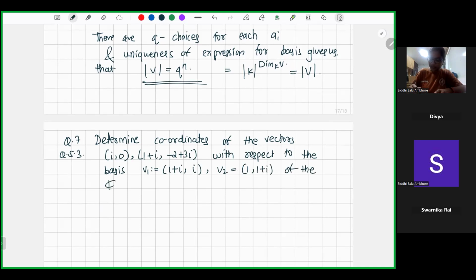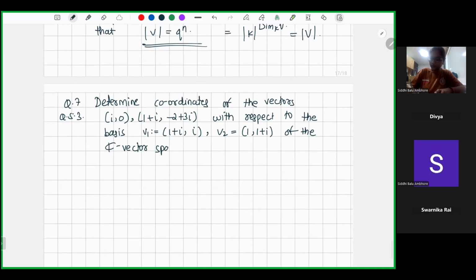So this is similar to what we did with C square, where i is, we know what i is.